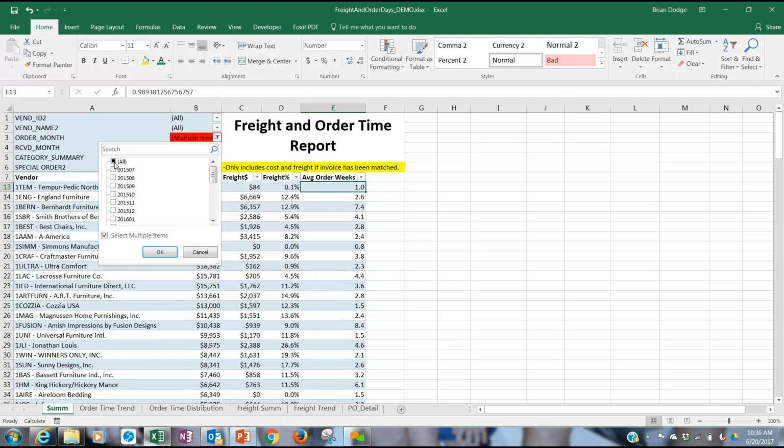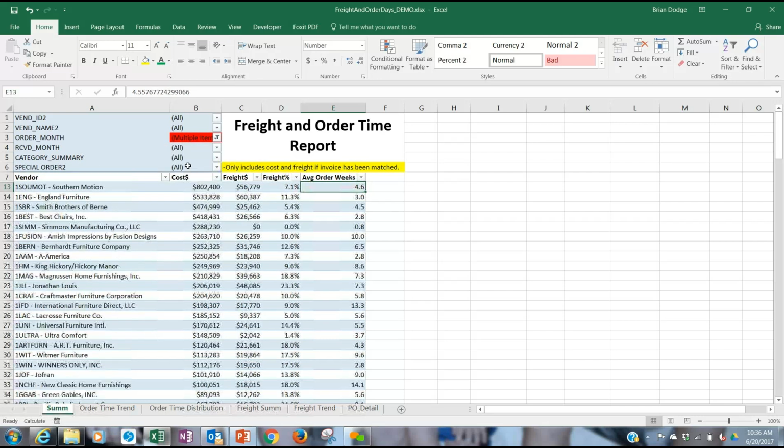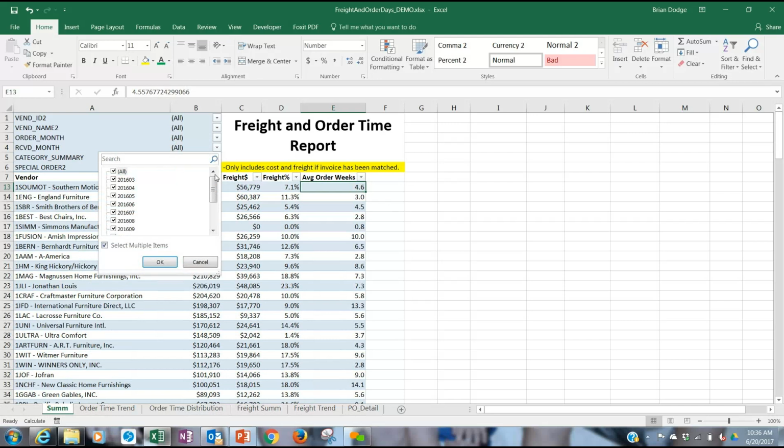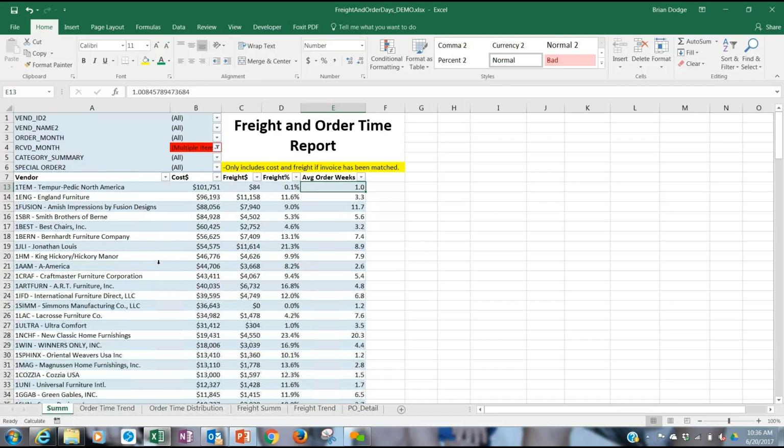If you want to look at something that's been received in that same period of time, you can deselect all first, and then select March, February, and January. This gives you everything that was received within those 3 months, kind of a snapshot for your business. Okay, clear that.